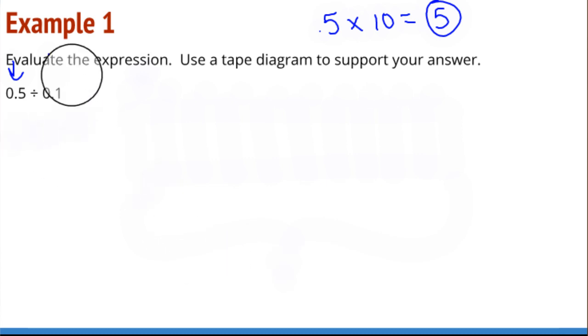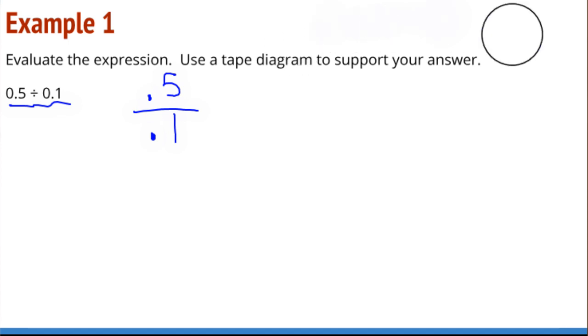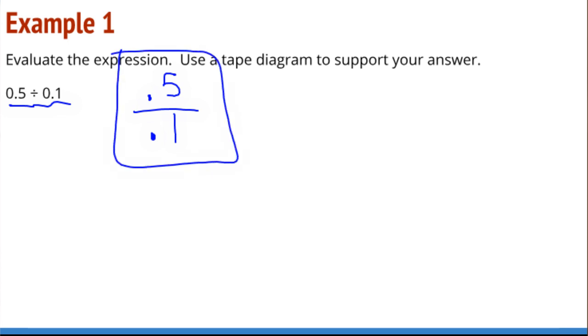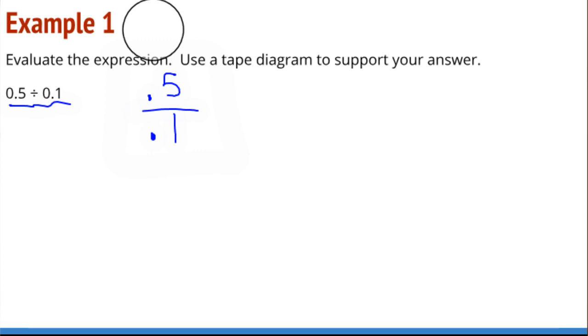We could actually take this division problem, this 5/10 divided by 1/10, and we could write it in fraction form. And at this point, we can use some of our knowledge of equivalent ratios, because this is a ratio form here, and we could scale this.